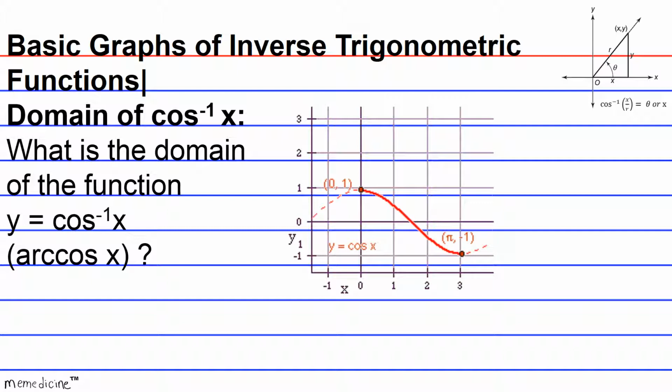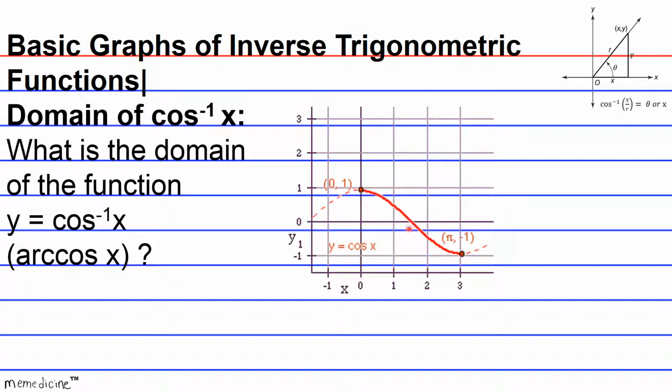So what has to happen is the domain of the original trigonometric function, the cosine of x, has to be restricted so that ultimately the inverse cosine function can be a legit function. That might be a little confusing, but I'm going to show you exactly what I'm talking about.